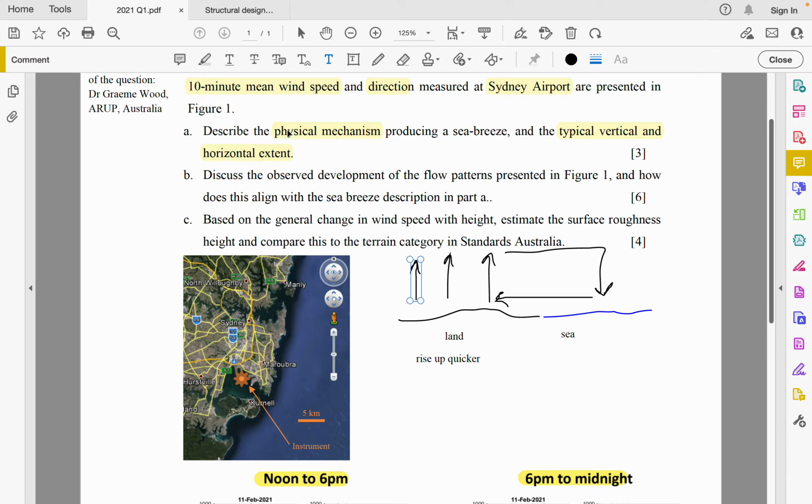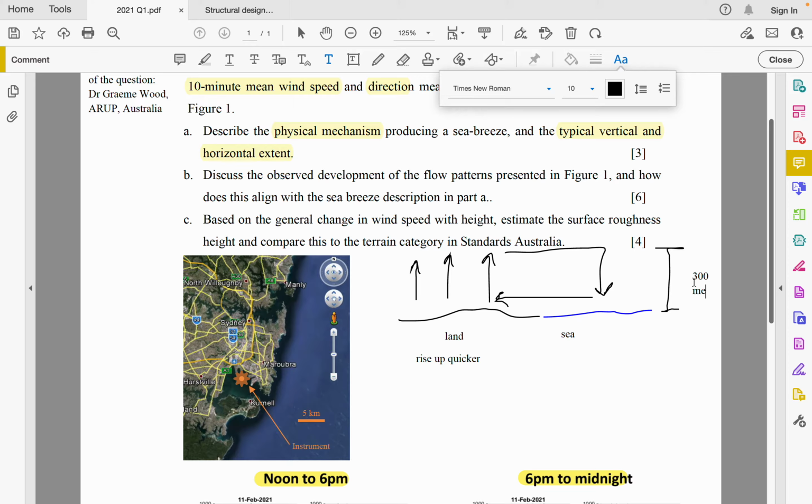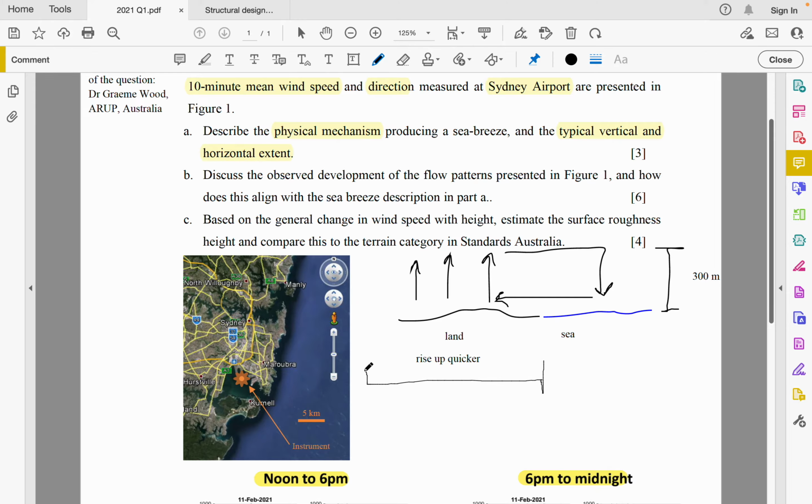This is the physical mechanism of a sea breeze and its typical vertical and horizontal extent. The vertical is about 300 meters, and horizontal is about 20 kilometers into the land. Okay, so this is able to get the full 3 marks.